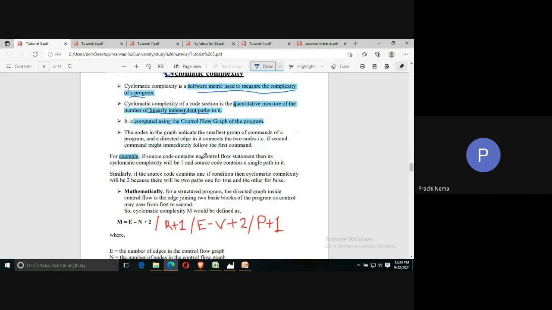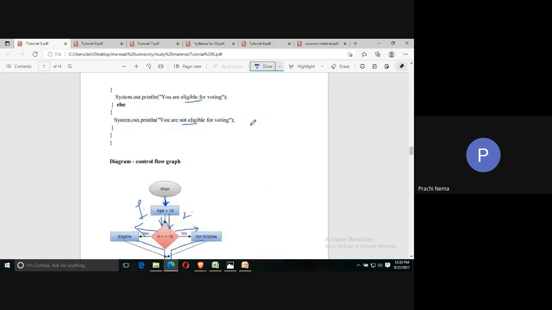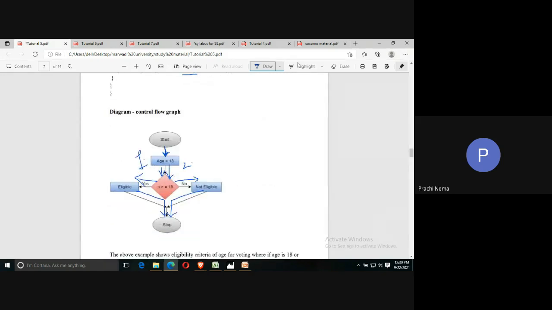Now, how do you compute cyclomatic complexity? To compute it, we have to use the control flow graph. Let us see this example again, to see how you can use it for computing cyclomatic complexity.